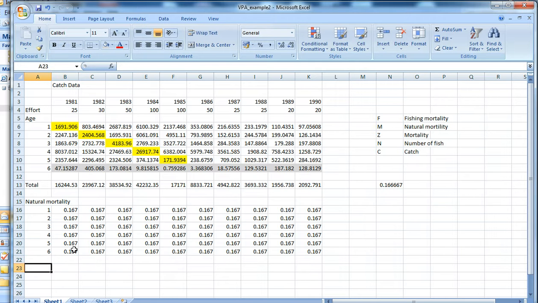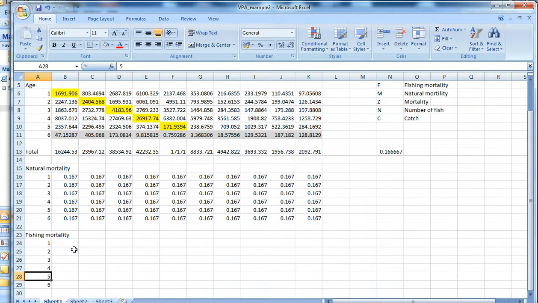Right, now we need fishing mortality. One, 2, 3, 4, 5, 6. Now we don't know what that is for any of these yet, but we know we're going to have to take a guess for the final year fishing mortality. So we can assume it's pretty high because the fish are larger.